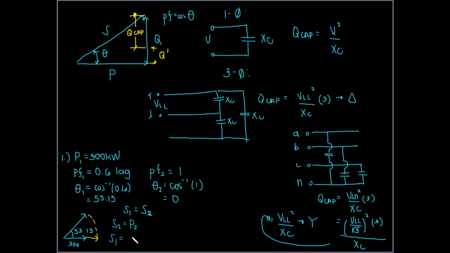So S1 is 300 over cosine 53.13. Oops, sorry. 53.13 there.